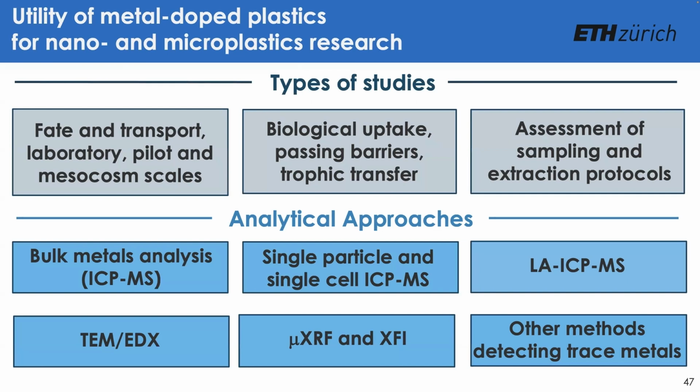We also have more advanced techniques like single particle and single cell ICP-MS, laser ablation ICP-MS, TEM, EDX, micro XRF, and XFI, or basically any other method which is suitable for detecting trace metals can now also be applied to these types of model plastics which we're producing.